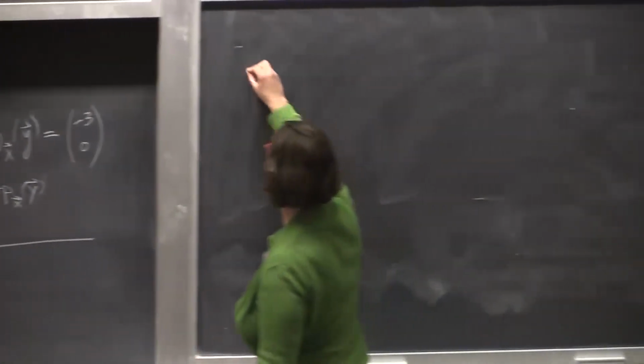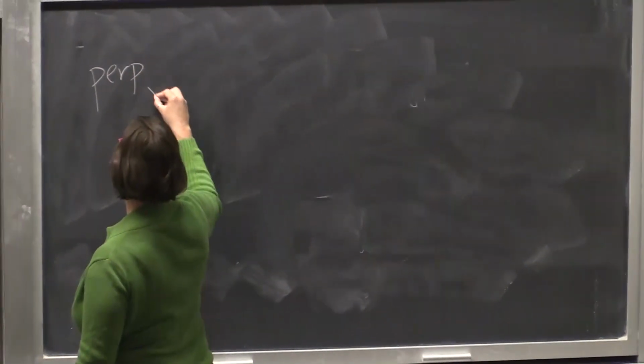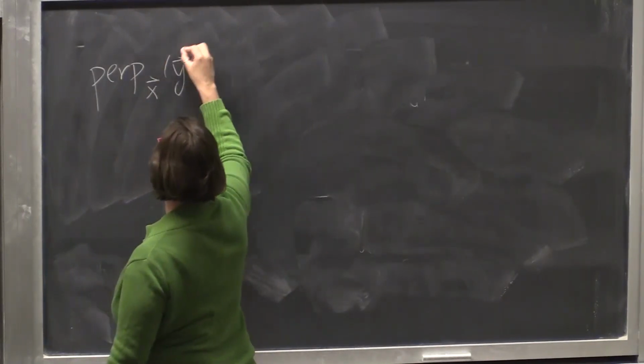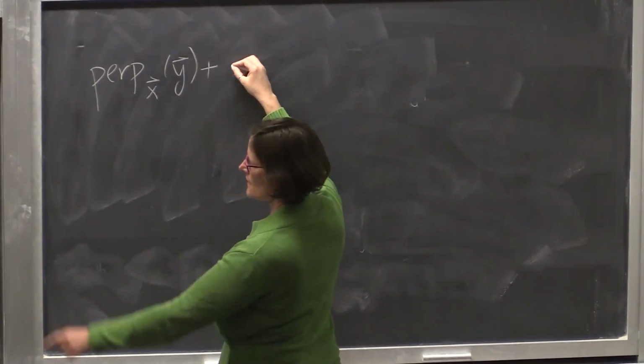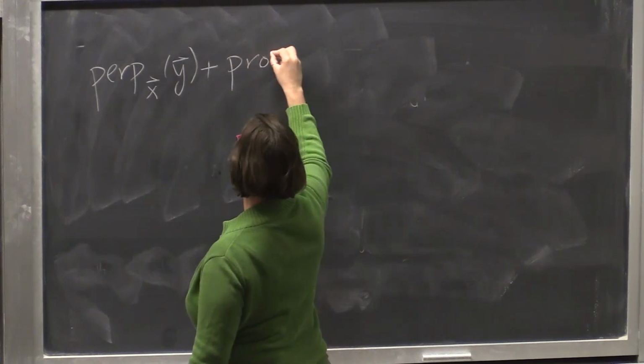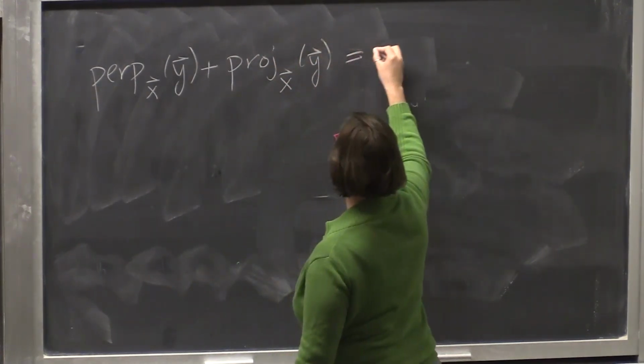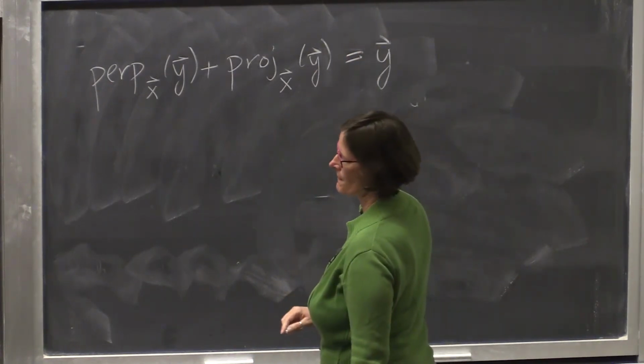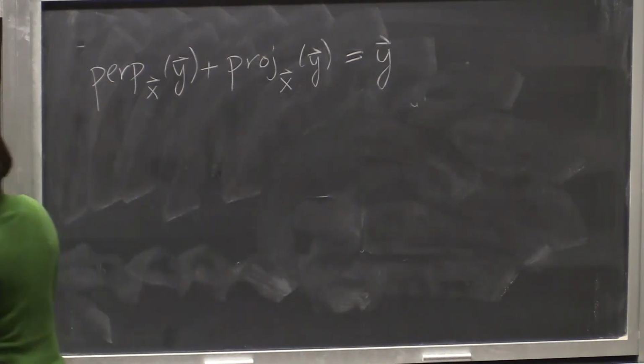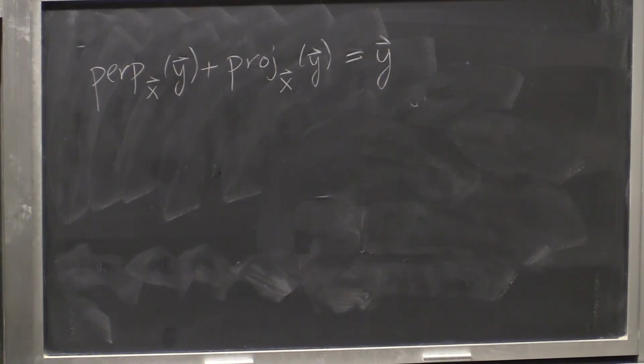So the perpendicular part plus the projection should give me the original vector, because this is the projection, that's the perp.